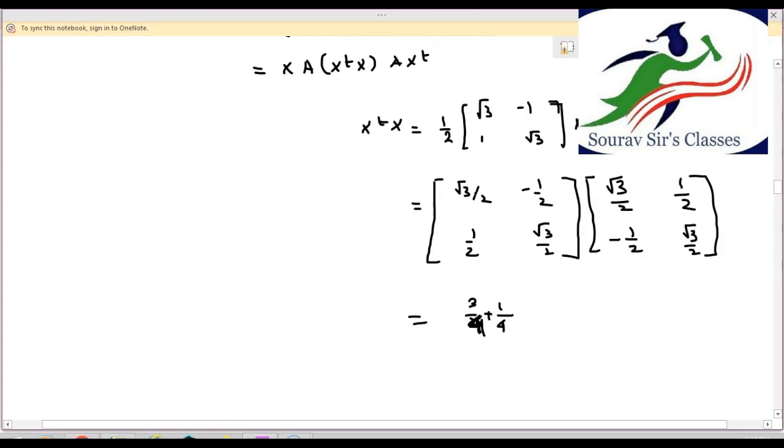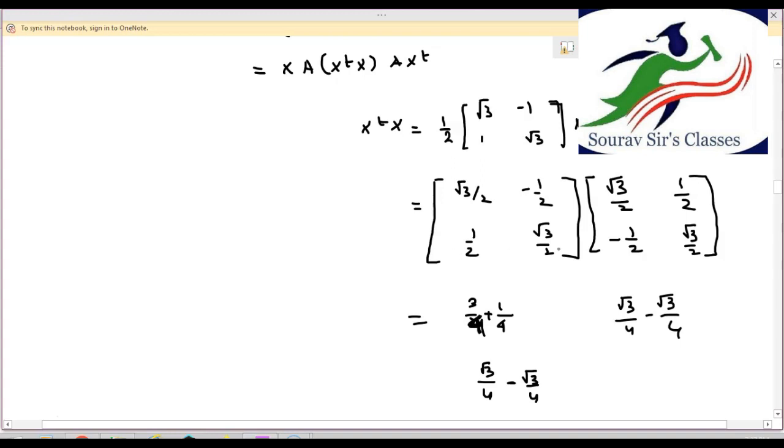Now we have to multiply this row with this column. First we get √3/4, and then we get minus √3/4. Now if we multiply this row with this column, I will get √3/4 minus √3/4, again the same term, which is 0.